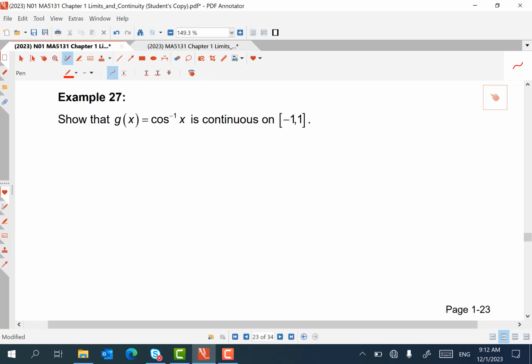Example 27. Show that cos inverse x is continuous. So to do this, you want to start out by looking at f(x).